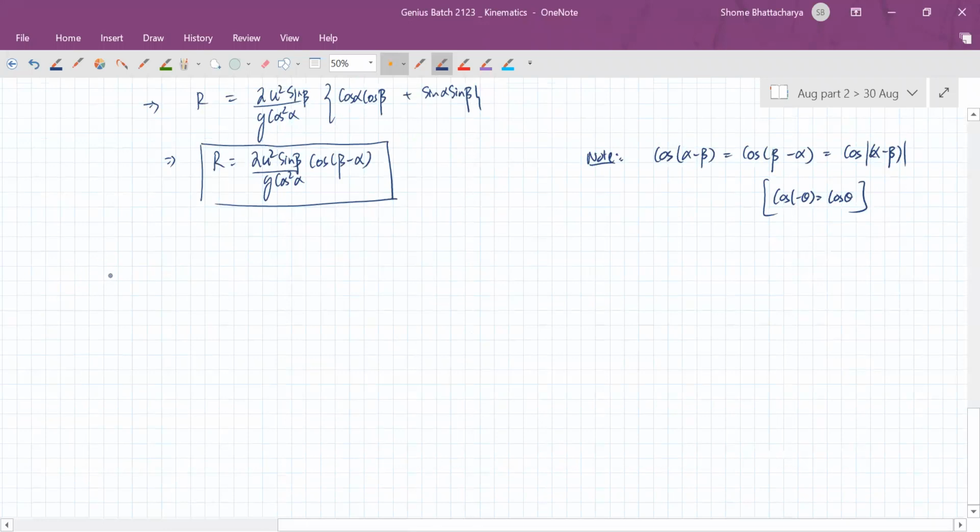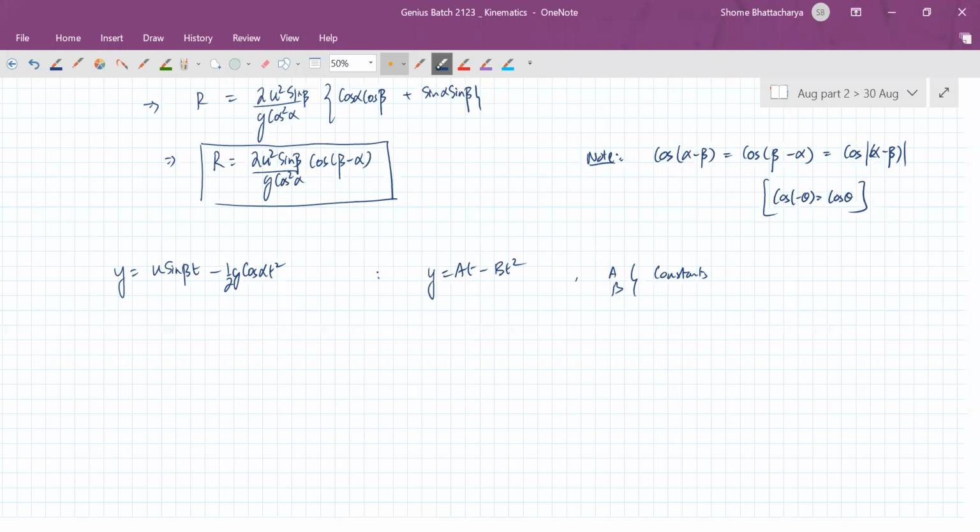Okay. So now the next thing is notice that the y coordinate as a function of time was basically u sine beta t minus half g cos alpha into t square. So again, as a form, it was this kind of equation where a and b are constants.